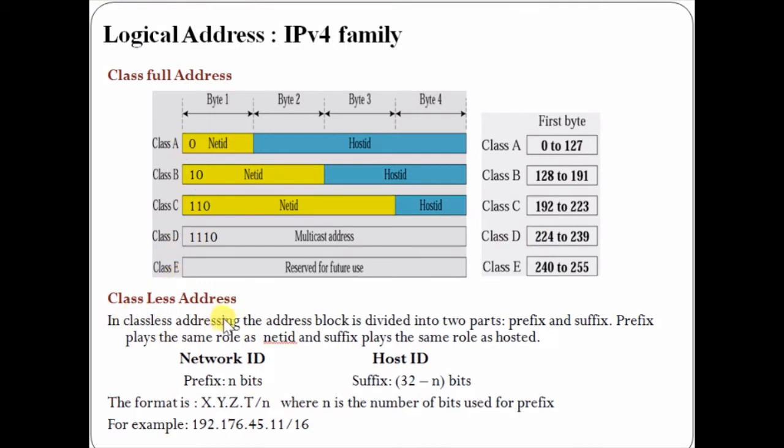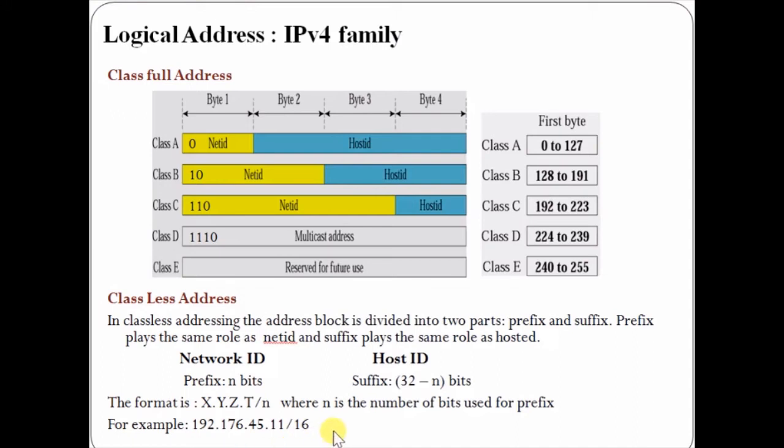In classless addresses, the total 32 bits are divided into 2 parts: network ID and host ID. If it uses n bits for the network ID, then 32 minus n bits are for the host ID. Suppose the format is x.y.z.t/n, for example 192.176.45.11/16.